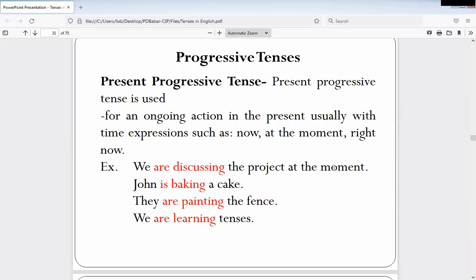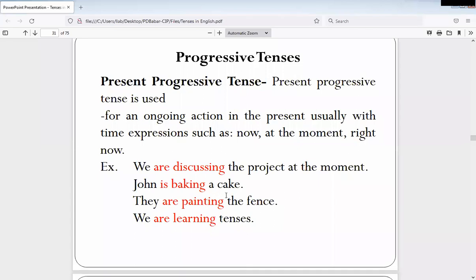The action of discussion is going on, it hasn't stopped. If it has stopped, then it comes under the past tense.